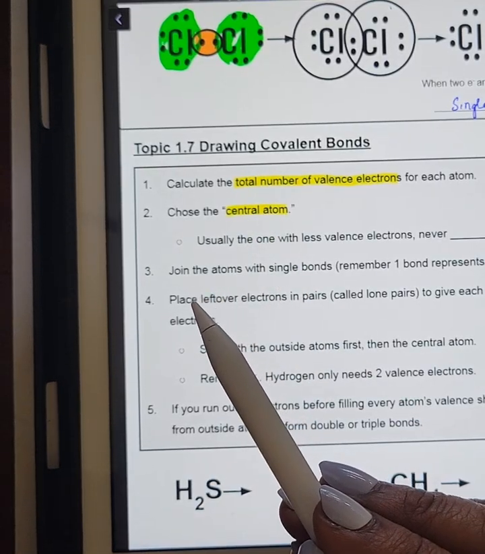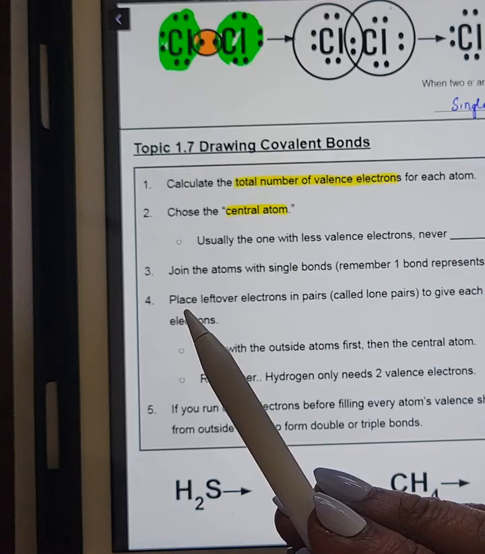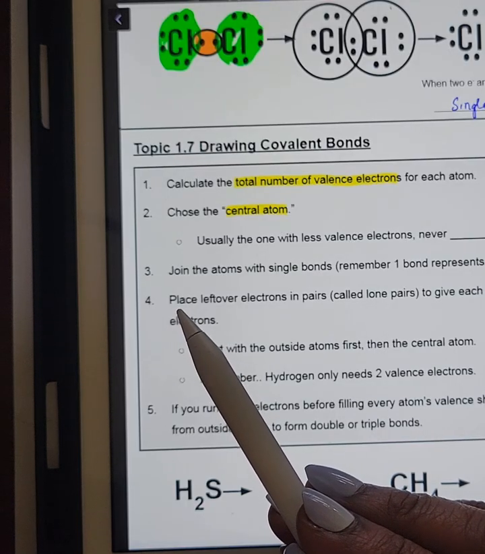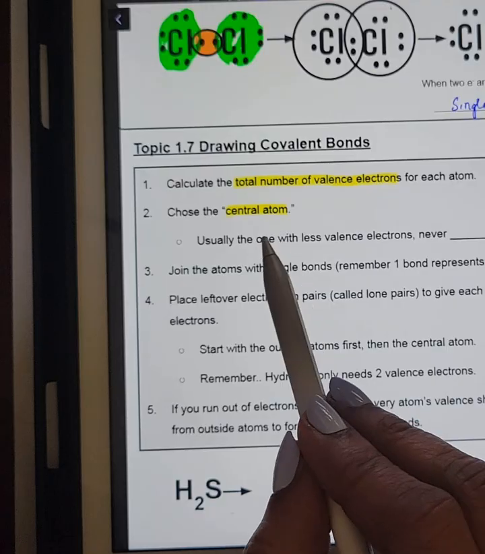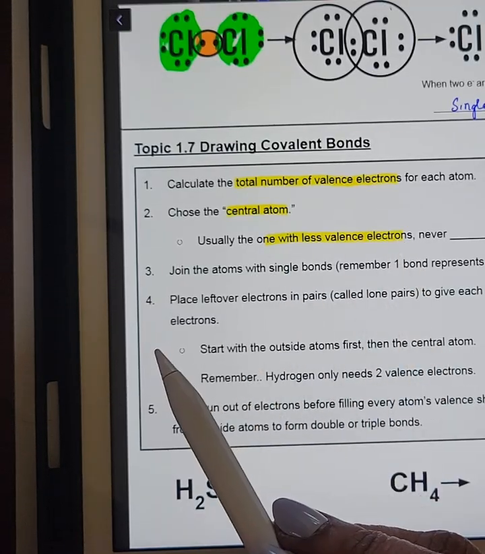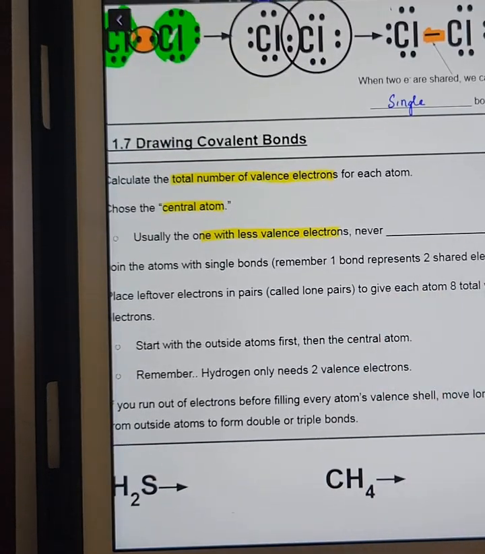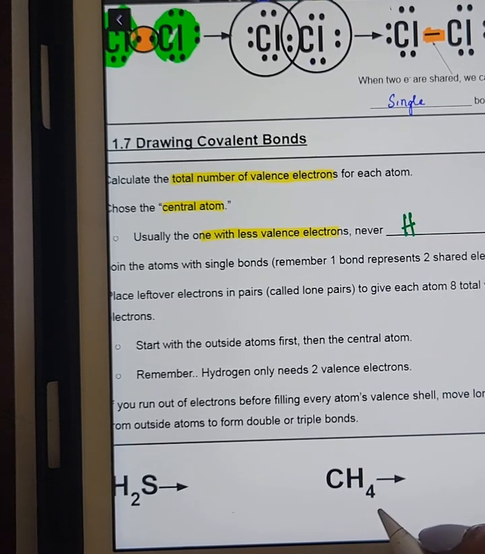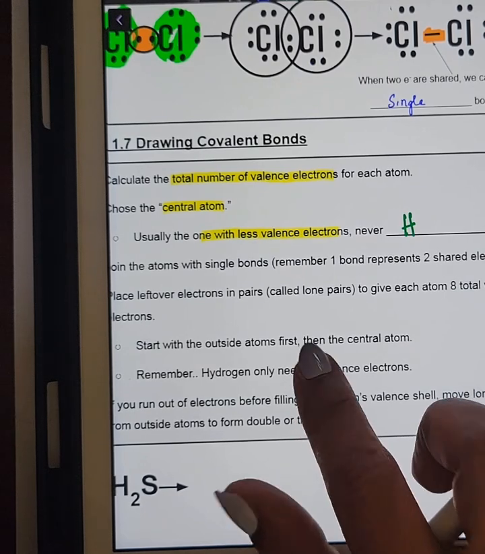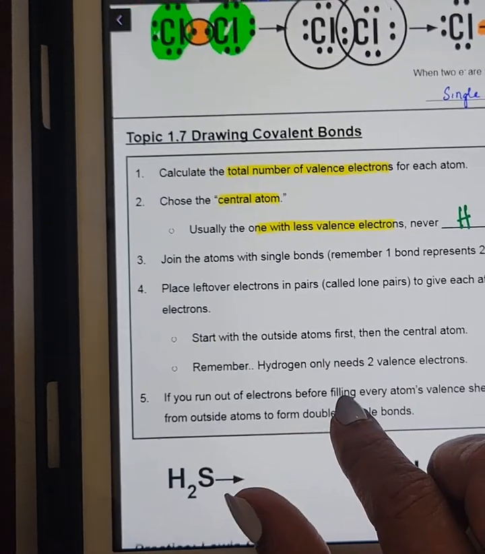How will you decide the central atom? Usually the central atom will have fewer valence electrons. Exception: hydrogen, which is the smallest atom, will never be in the center.